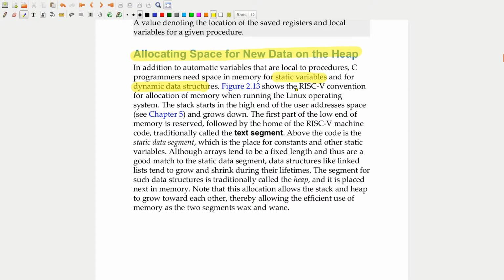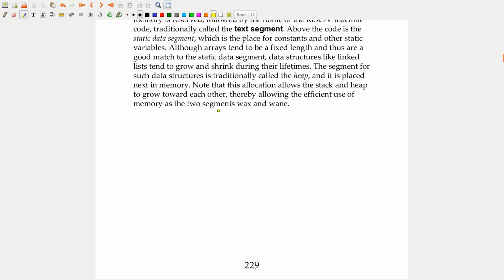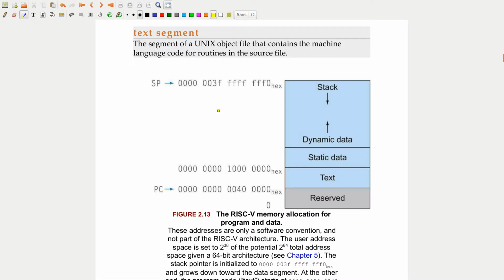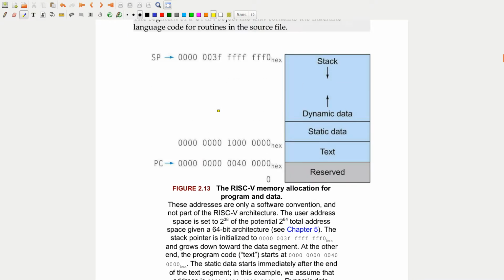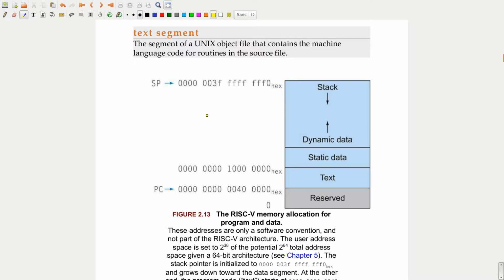So 2.13 shows the RISC-V convention for allocating memory when running the Linux operating system. So let's see what we have here. We have the stack, of course, and then we have the dynamic data, static data, text, and we have some reserved space at the very bottom.